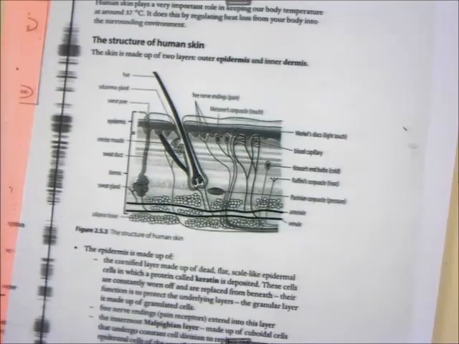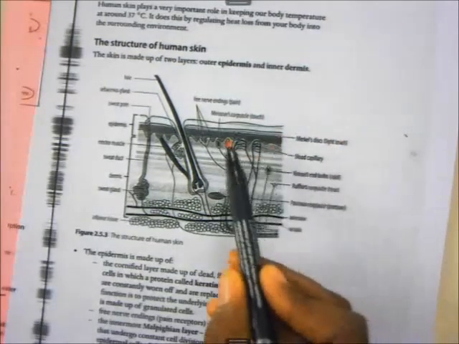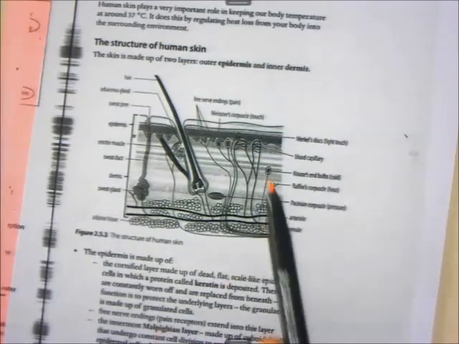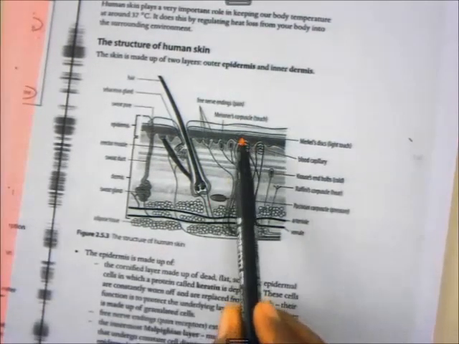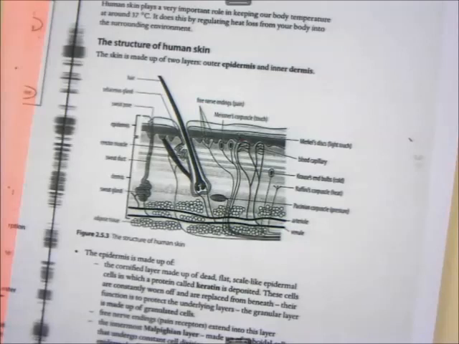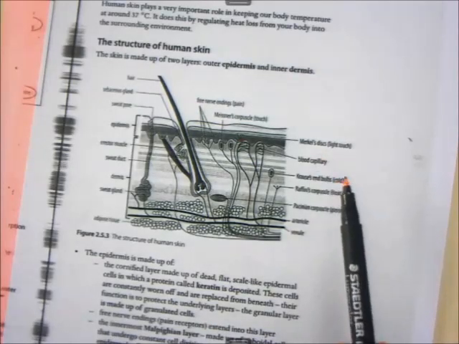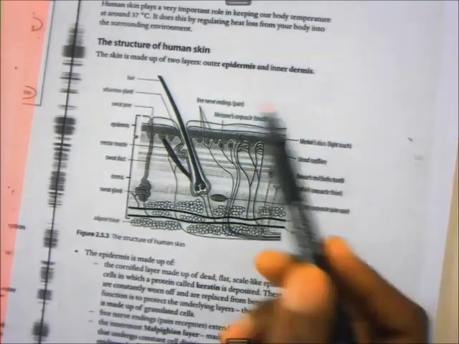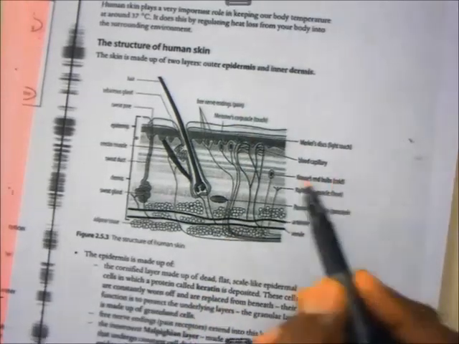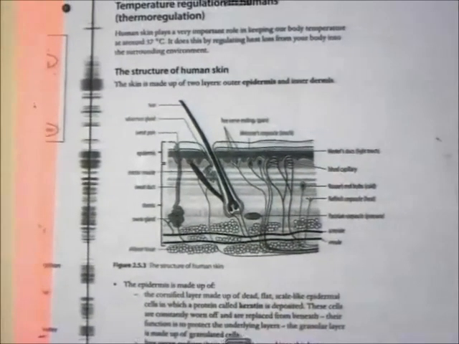Let us quickly have a look at the receptors which are located in the skin. So in the skin, we have a receptor which is called the Meissner's corpuscle. The Meissner's corpuscle is a receptor that detects light touch. We do have another receptor which is called the Krause corpuscle.